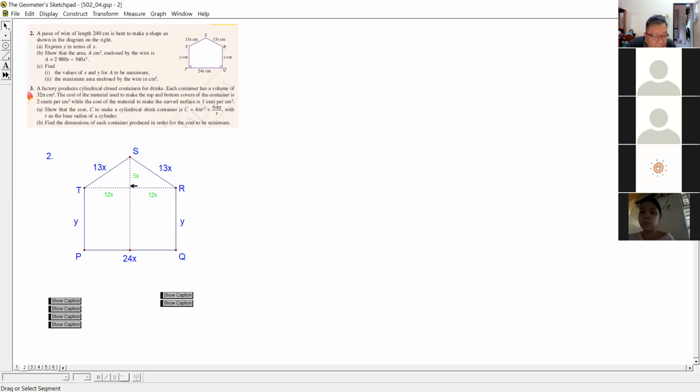When I split this equilateral triangle into two parts, they form two equal right angle triangles. If this is a right angle triangle, and here is 12x, the hypotenuse is 13x, so this one has to be 5x. If you don't know why, then you use Pythagoras theorem to find out. If you can remember the Pythagoras triplets, then you will know 5, 12, 13. So the length here is 5.